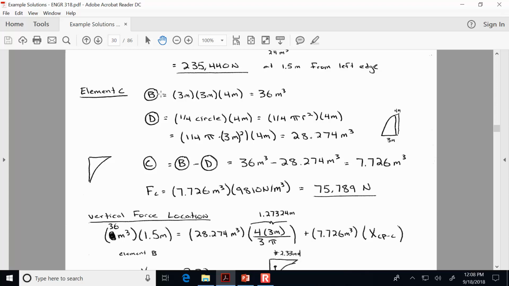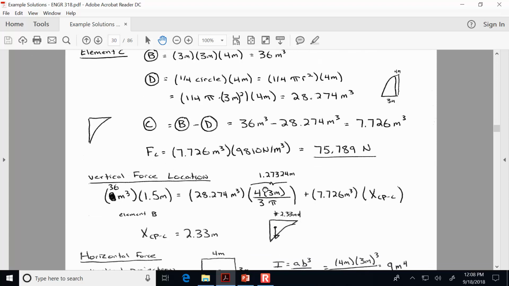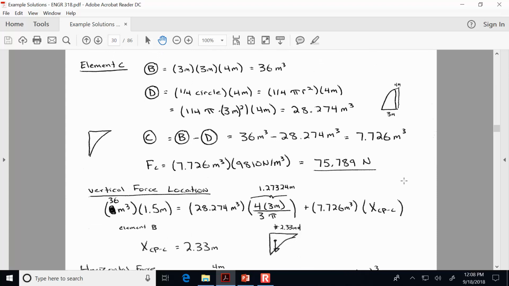If I show you on the slide here, this vertical force location step, where we said that if element B acts in the middle, it acts in the middle because it's the average of the 2 pieces, the average of piece D and C. C was the only unknown in that equation, and that's how we found how far over.